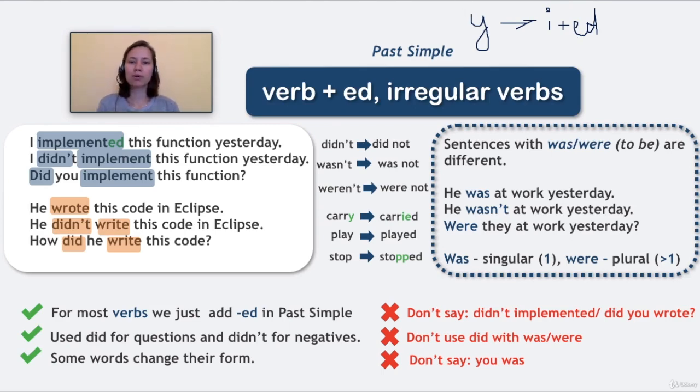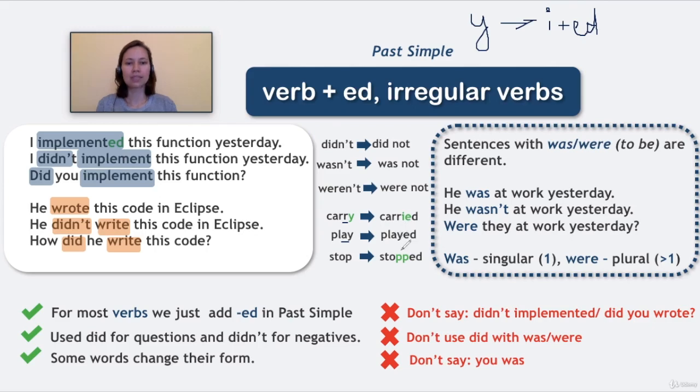But you have to remember a very important rule here, that this happens only if you have a consonant letter before Y. It doesn't work for vowels like A, O, I, E, and so on. If the letter Y goes after a vowel, nothing is changed here.